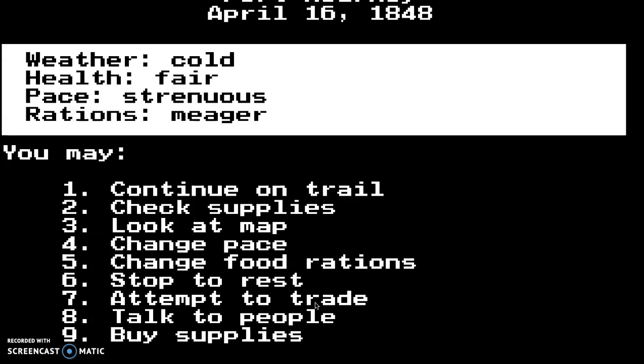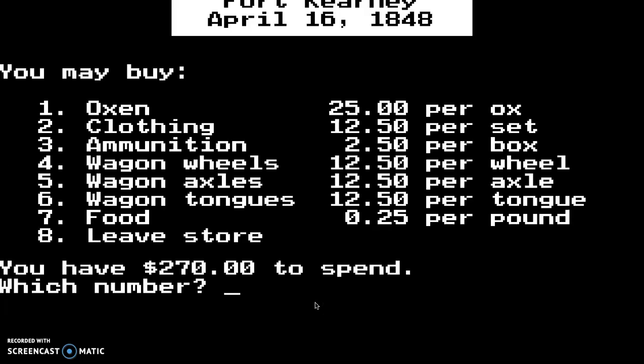April 16th at the fort. I might buy some more supplies. Food is pretty inexpensive. I'd like to buy some food. How many pounds? I want 200 pounds of food.